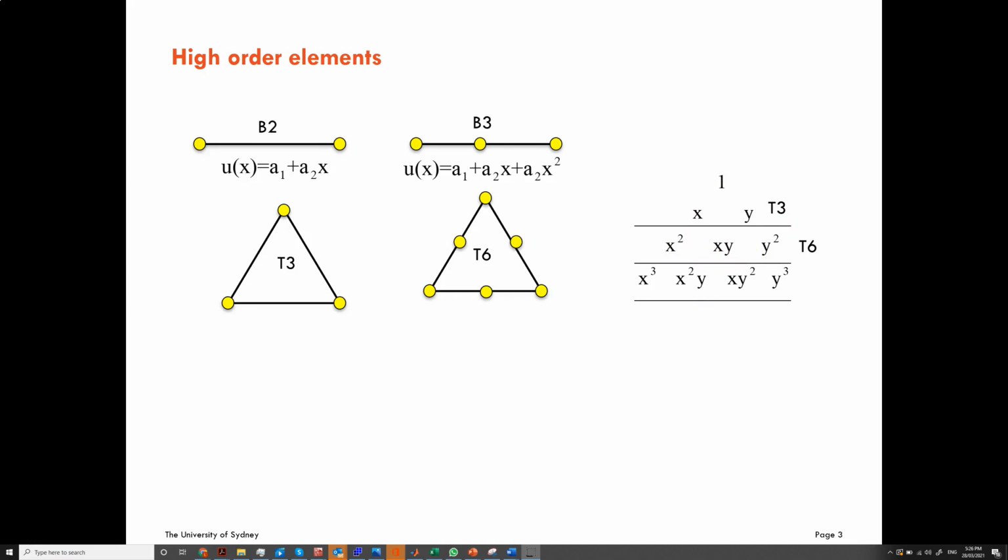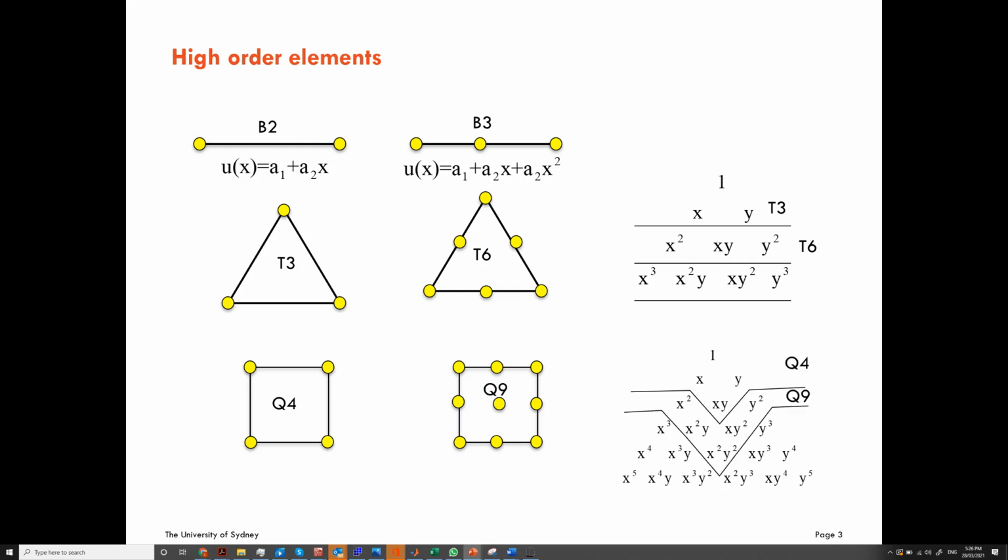This is for the triangular elements, but we also have the rectangular elements Q4 and Q8, which is not shown here, and Q9, that has a node in the middle. So the base functions of these elements can also be taken from the Pascal triangle.